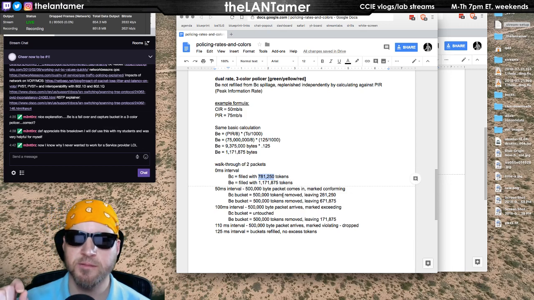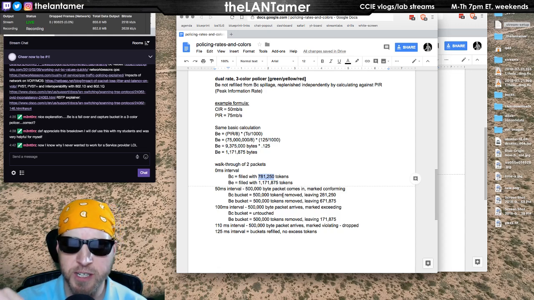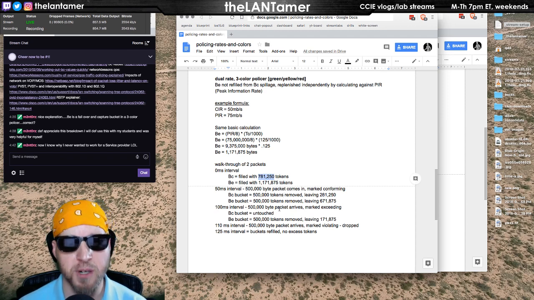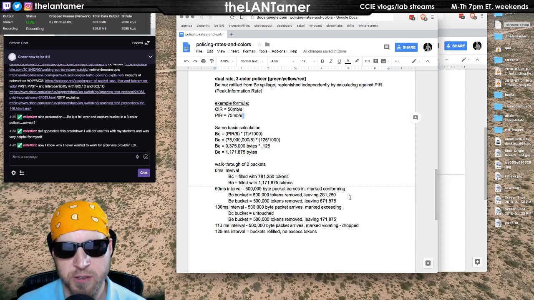But what happens here is, although it's evaluated against the BC bucket, 500,000 tokens will be removed from both. Which makes sense, right? Because this is a higher information rate that you're trying to maintain. But they're removed from both.